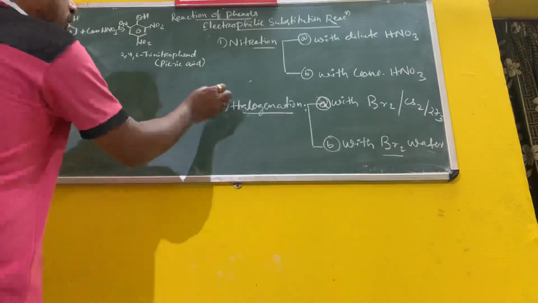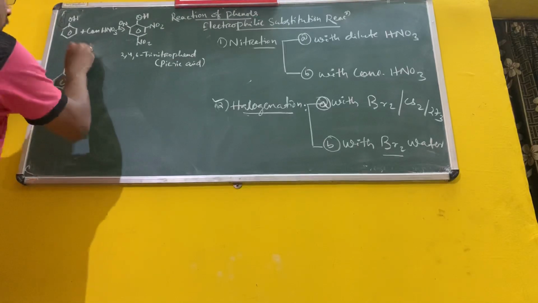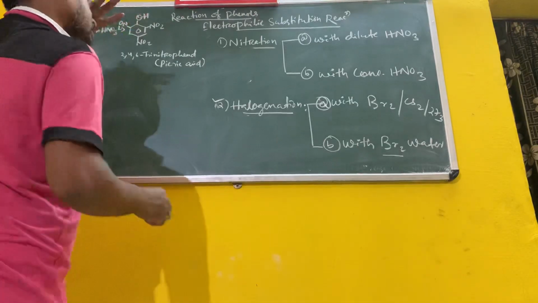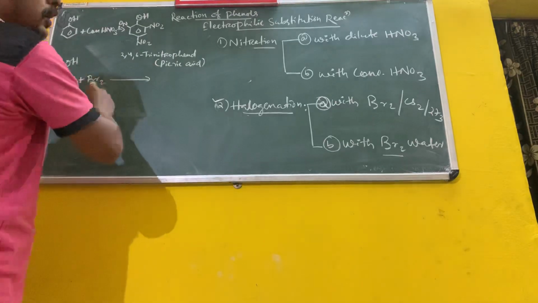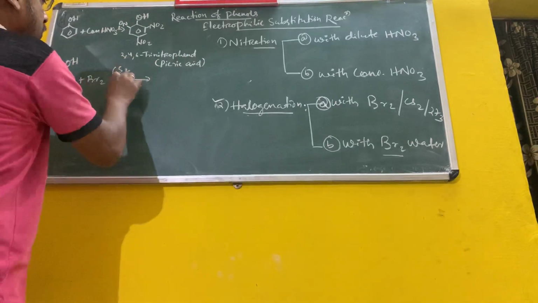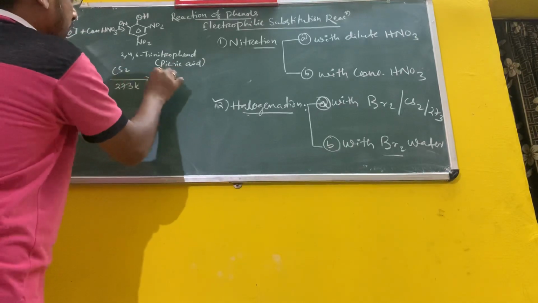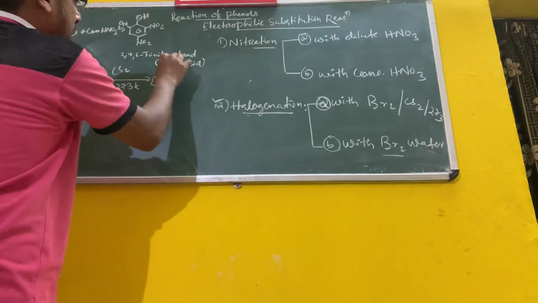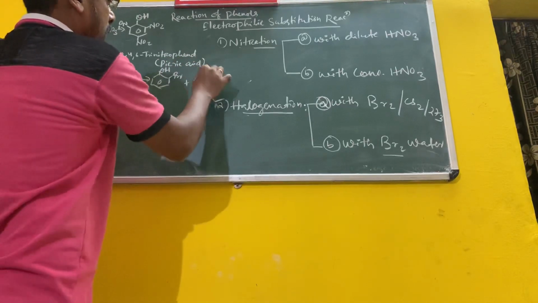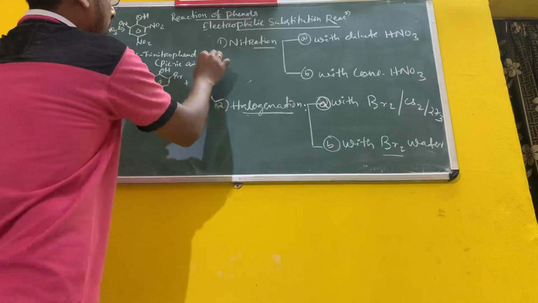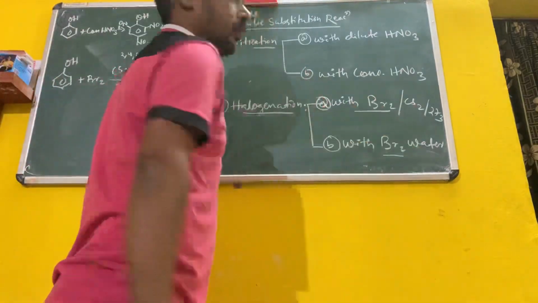You know this one: phenol in the presence of Br2 and CS2 at 273 K forms the ortho derivative and the para derivative. This is ortho and this one is para. This is with bromine.